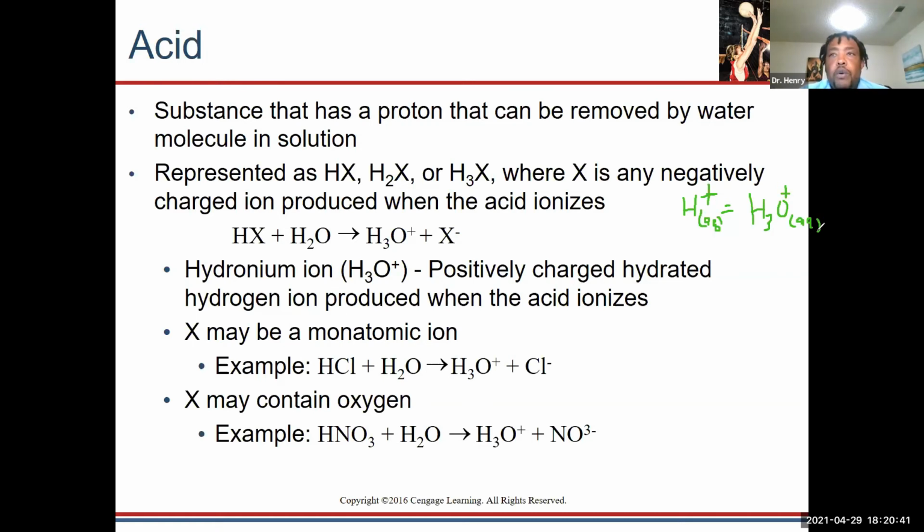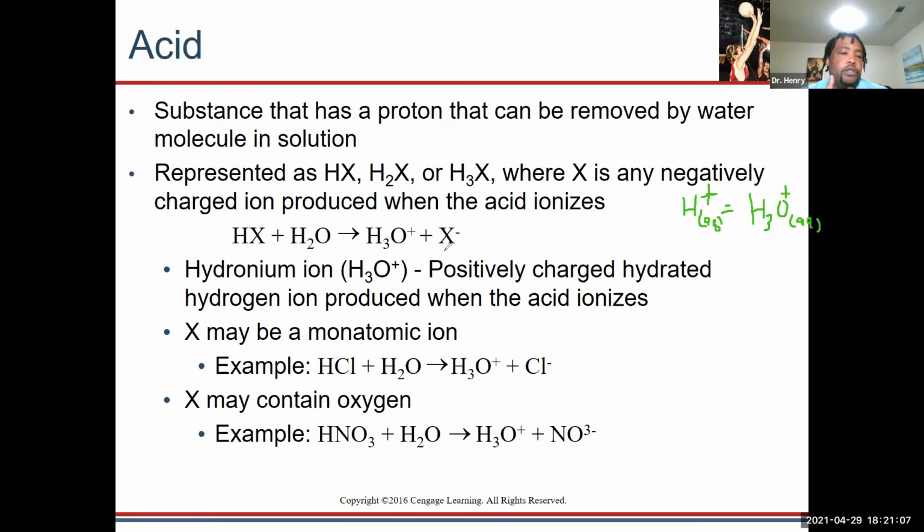Okay, so we know that H plus is a proton that's being donated. The first thing that happens is, like I said, it'll dissociate and interact with that water, and then the conjugate base is going to be alone.